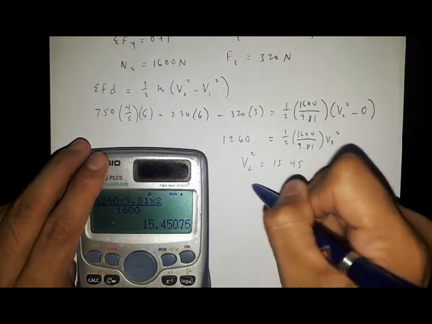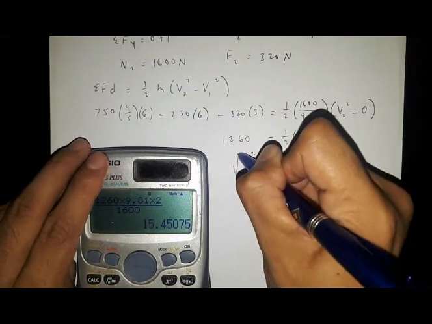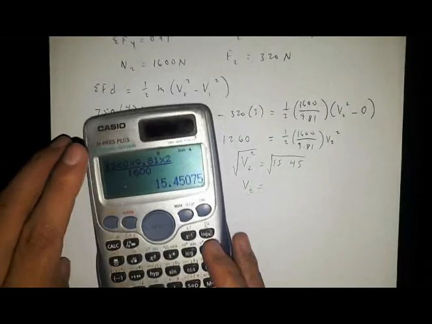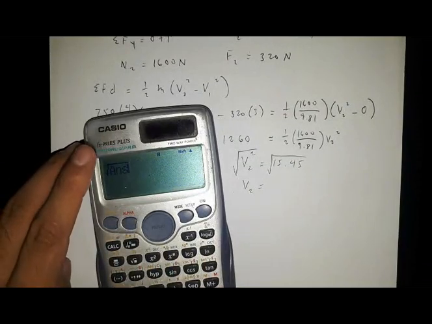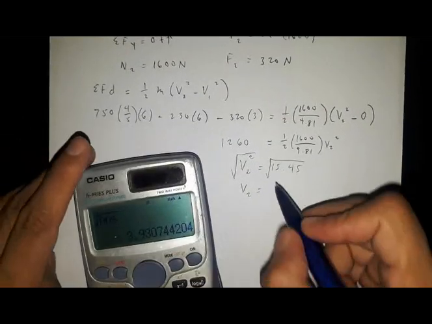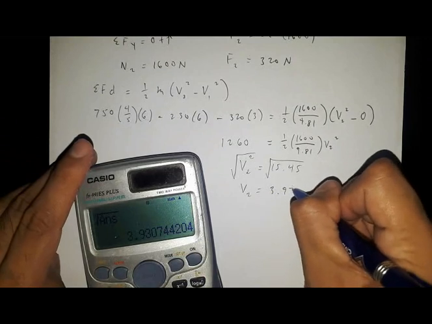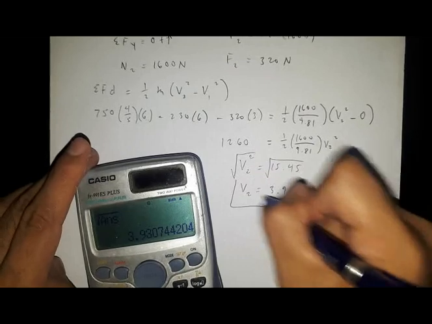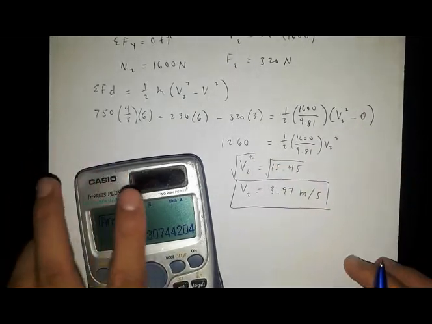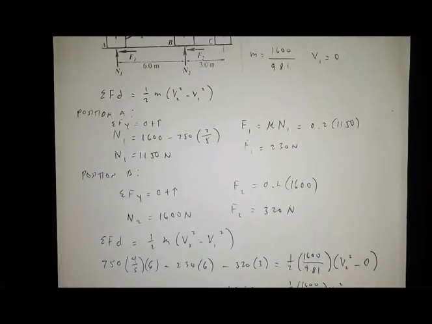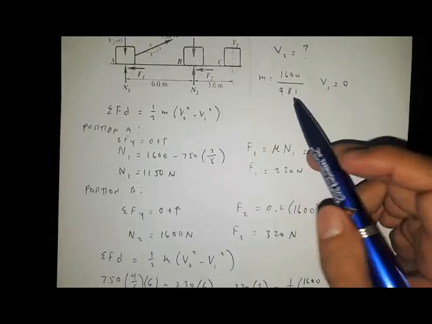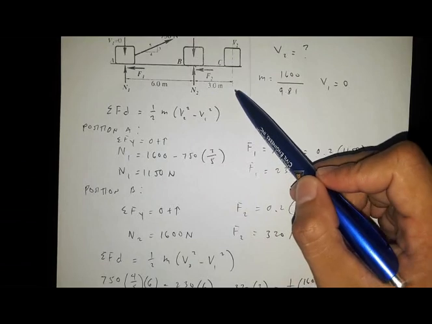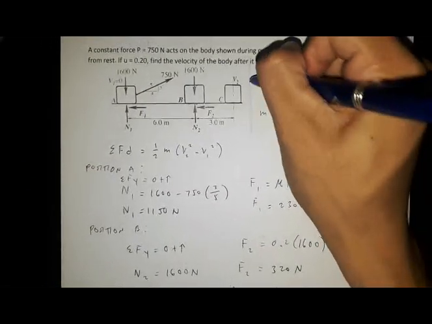Now your v, so take the square root of both sides. v2 equals square root of the answer, we have 3.97 meters per second. And that is the velocity after the block moves a total distance of 9 meters. So it's your v2, 3.97 meters per second.